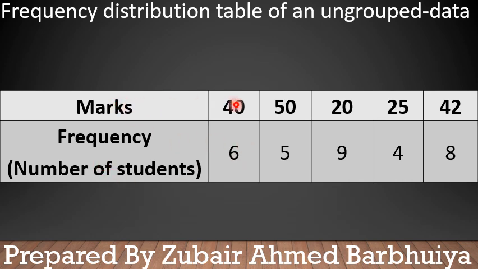Marks, for example: 6 students obtained marks 40, 5 students obtained 50. 5 is the repetition of the mark, meaning how many times this mark is repeated in the data. 9 students obtained 20.